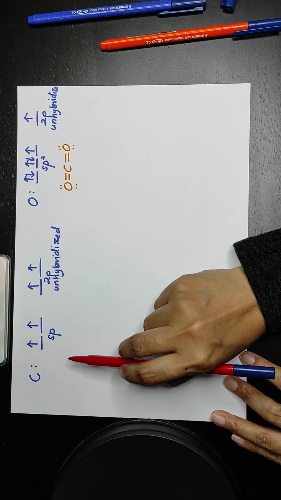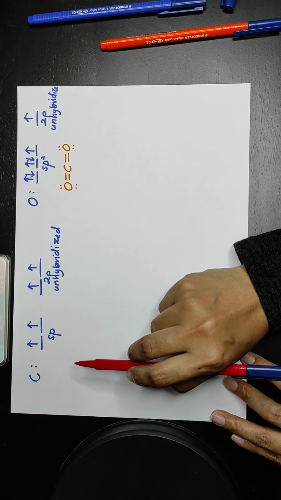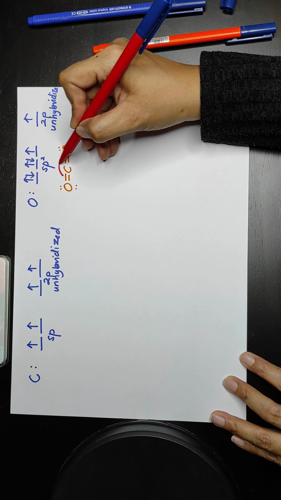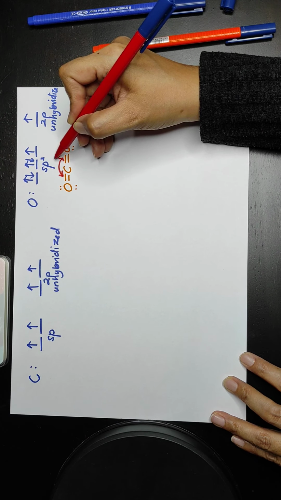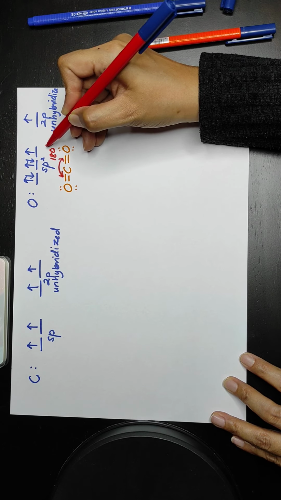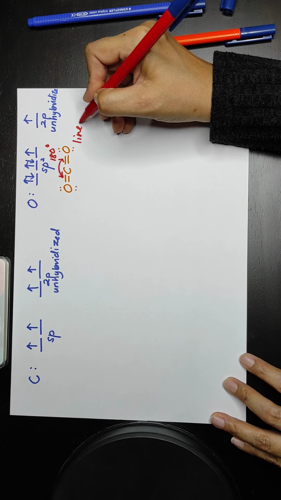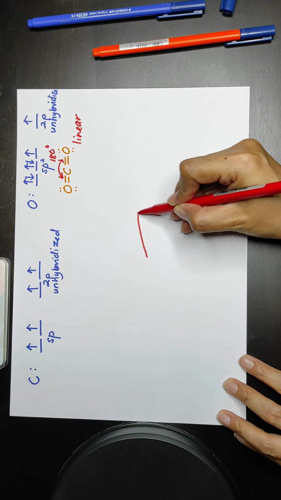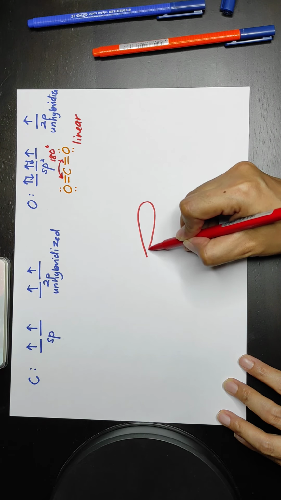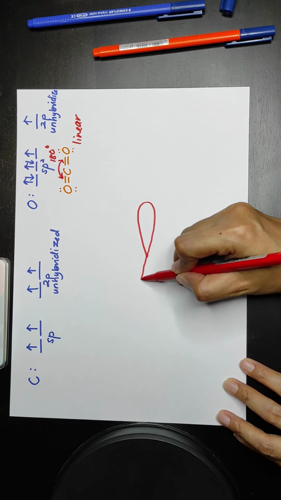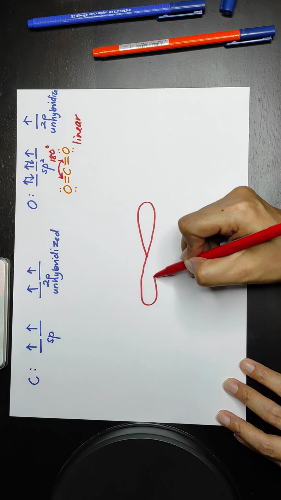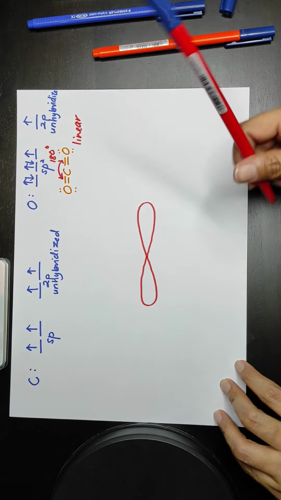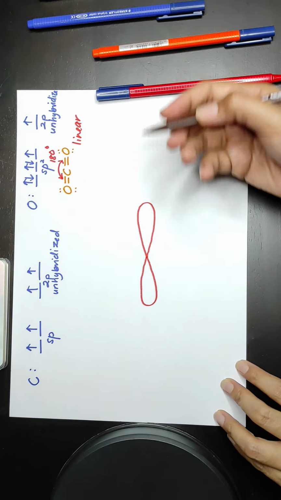So for sp hybrid orbitals, the electron group arrangement is linear, and from the molecular shape you know that carbon dioxide has a linear shape with bond angle 180 degrees. So this is the sp hybrid orbitals of carbon.